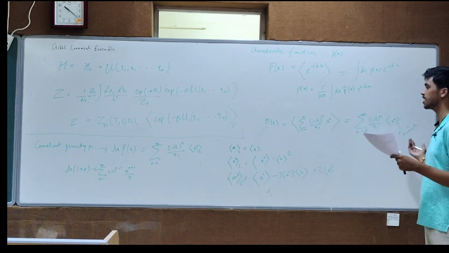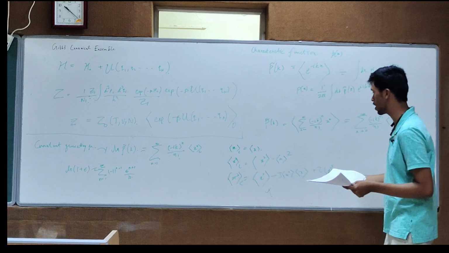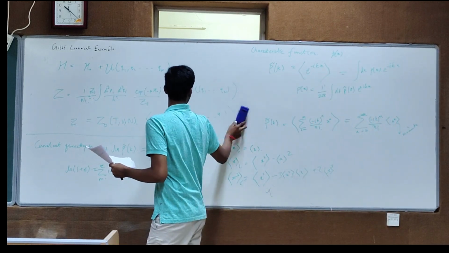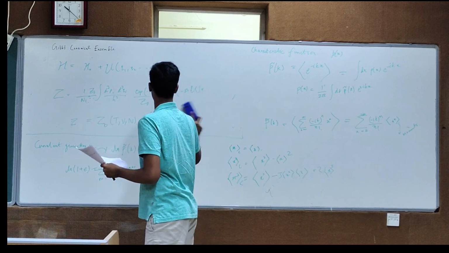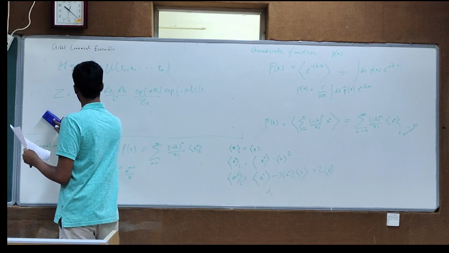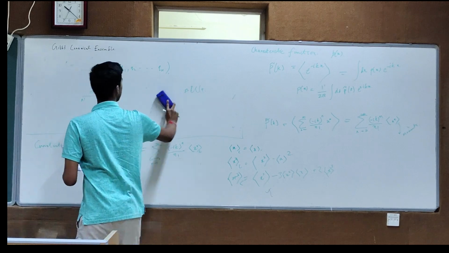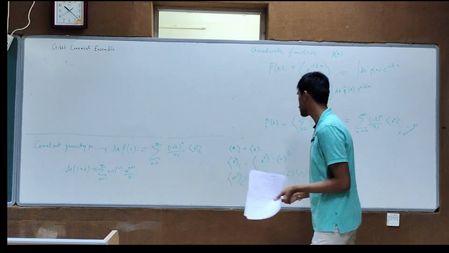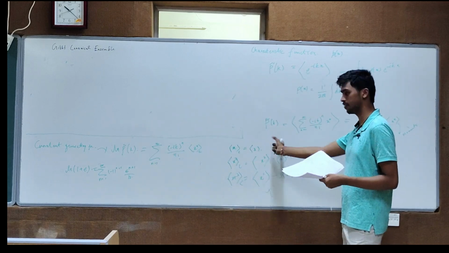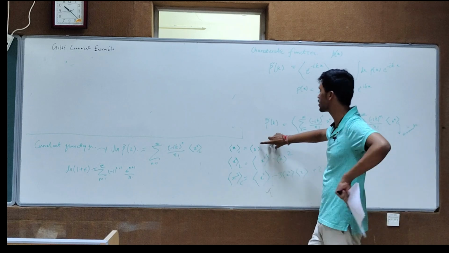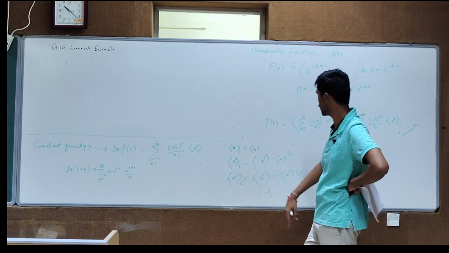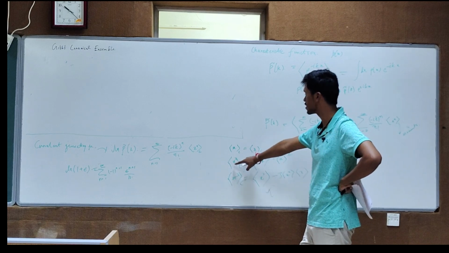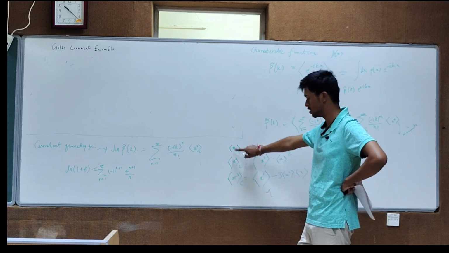There is a general formula for the nth cumulant. You can also invert these relations. You can write the first moment in terms of the first cumulant, the second moment in terms of the second cumulant and the first cumulant, and so on.